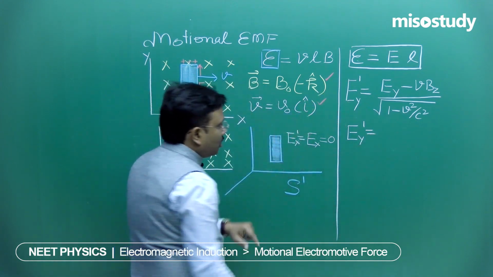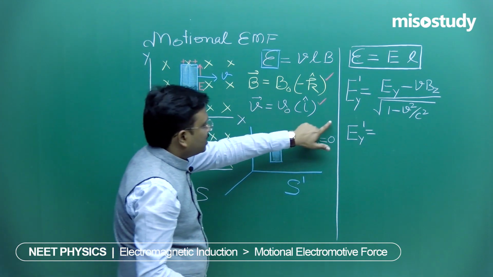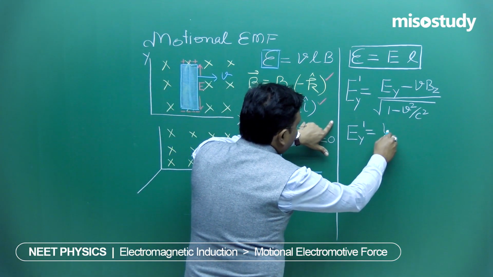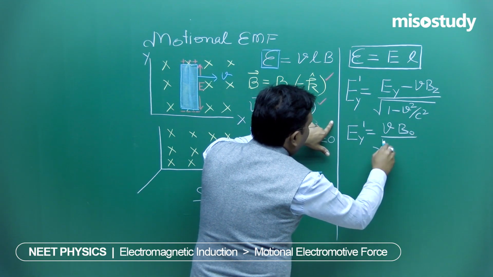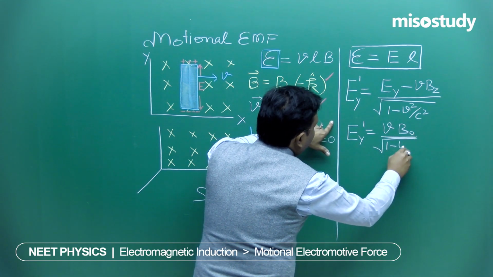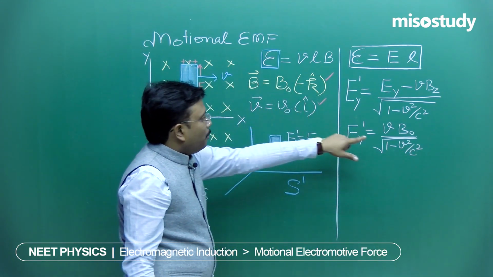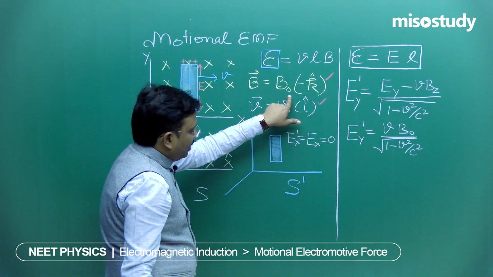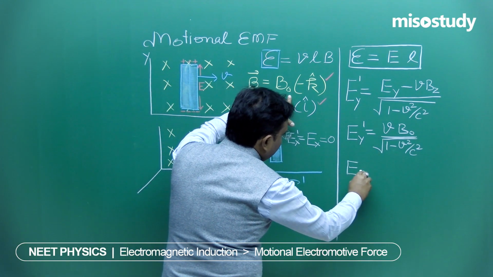Ey is nothing, because as such no electric field is associated in the y direction. So, it is going to be V B naught upon under root 1 minus V square over C square, fine. Bz means this value, that is B naught.